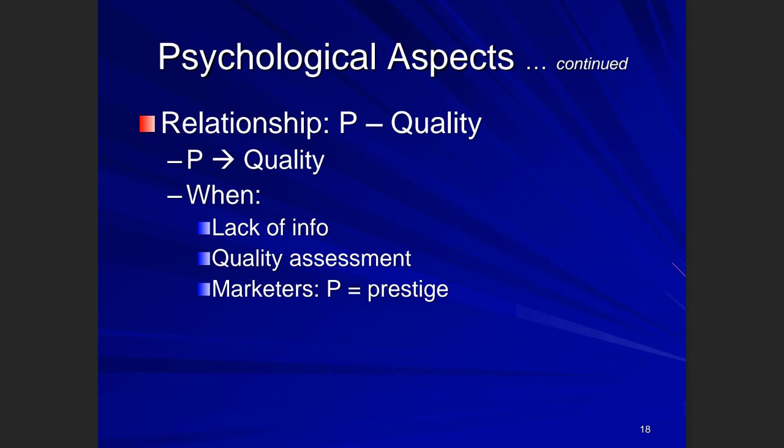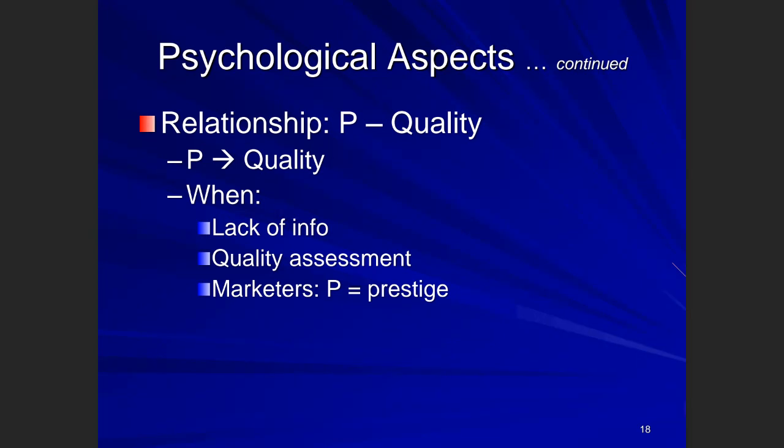In other words, when there's a lack of information within the purchase context about the quality of the product at hand, the consumer will revert to price and look at price, which is known, in order to make those assertions about quality.